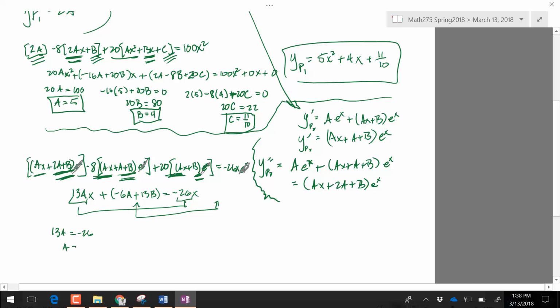Looks like a is going to be equal to negative 2. And if a is equal to negative 2, I have minus 6 times negative 2 plus 13b is equal to 0. That's 12. 13b is equal to negative 12, right? And b is equal to negative 12 over 13.